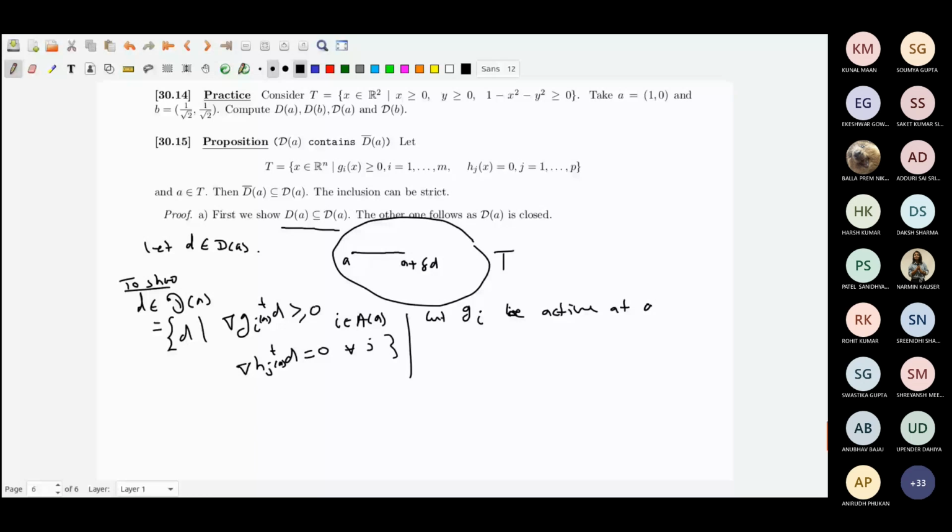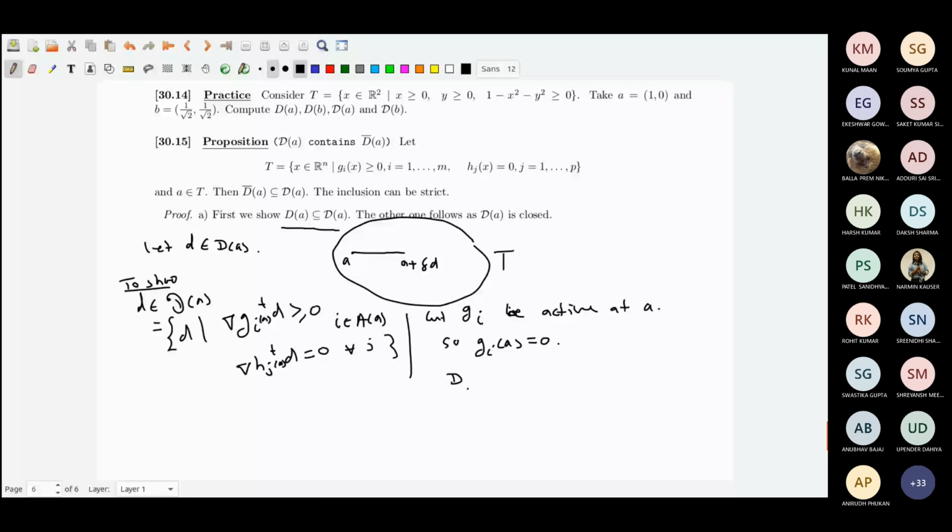What do I want to show? I want to show that grad Gi(A) transpose D is greater than or equal to 0. What is grad Gi(A) transpose D? It is nothing but the directional derivative of Gi at A in the direction of D.